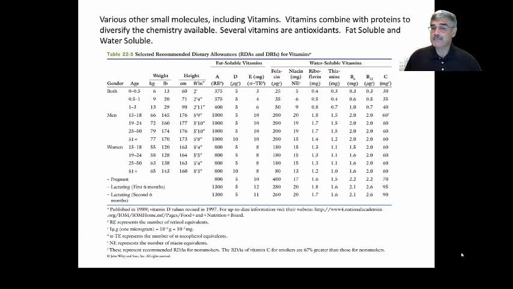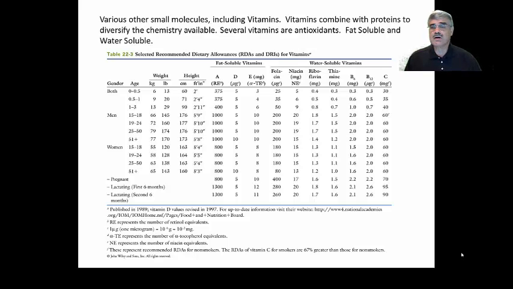Now, while we've talked about macromolecules, there are also a number of other molecules just to mention in this chapter. These include molecules which we think of as vitamins. Now, what happens is that vitamins will combine with proteins to form what are called coenzymes, that is sort of helper molecules that perform a variety of functions by bringing other kinds of chemistry.